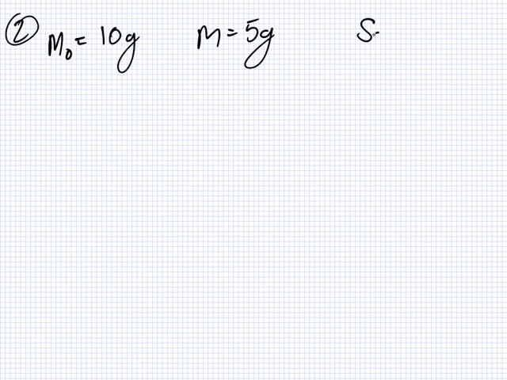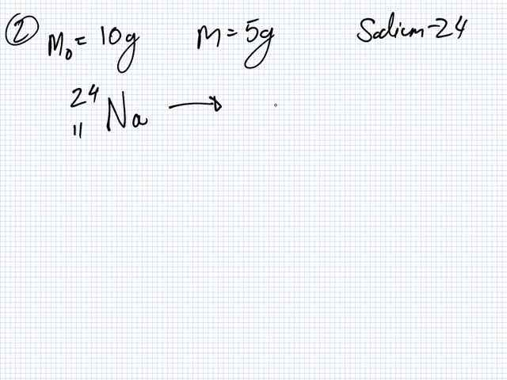A sample of sodium 24 initially has a mass of 10 grams. 7 hours later, there is 5 grams of radioactive sodium remaining. The sodium will decay by releasing beta particles. What atom will it become after the release? Okay, so I don't have my periodic table. Na is sodium, but is it like 12? 24, 11.